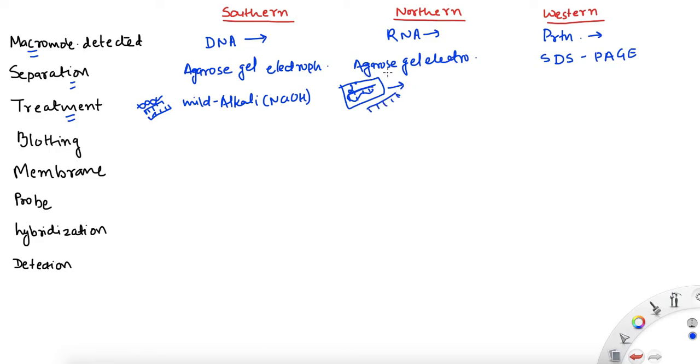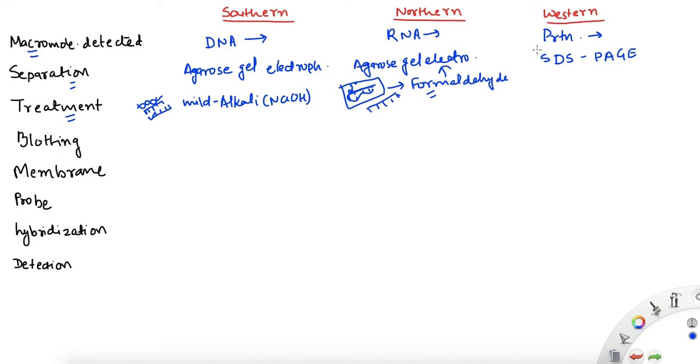So we ran agarose gel electrophoresis with a twist of formaldehyde, right? So it was formaldehyde agarose gel electrophoresis. That's what we ran. So formaldehyde will make sure that your RNA is maintained in a linear form.